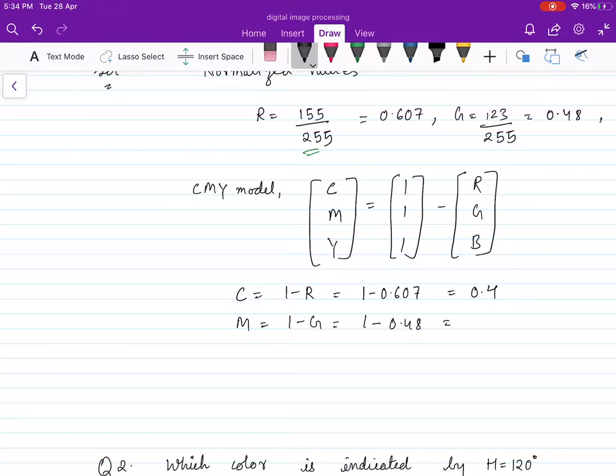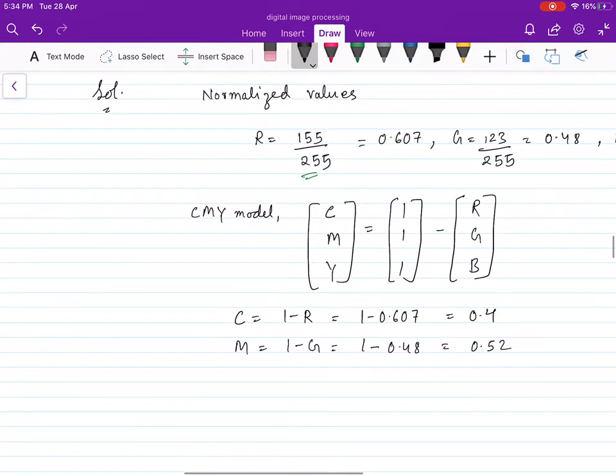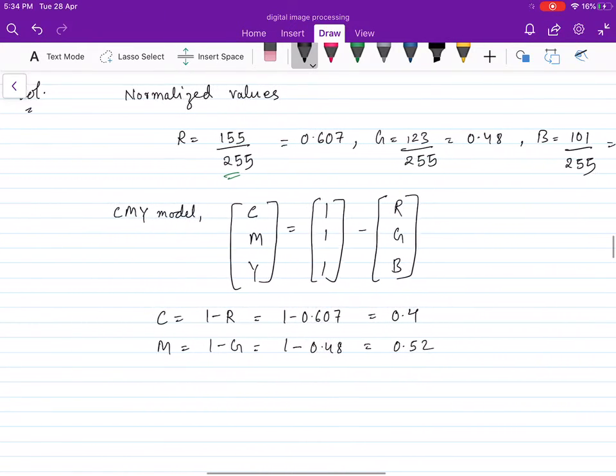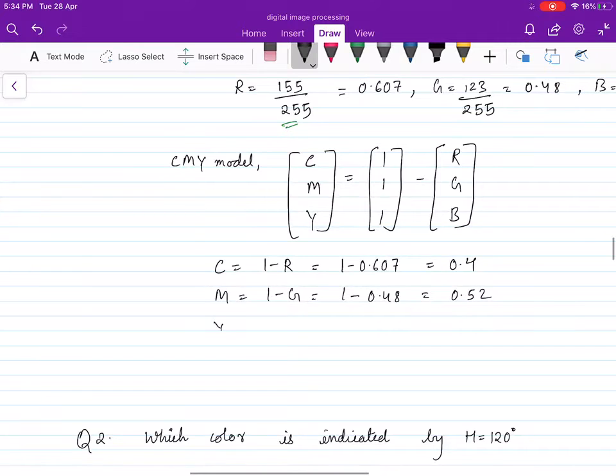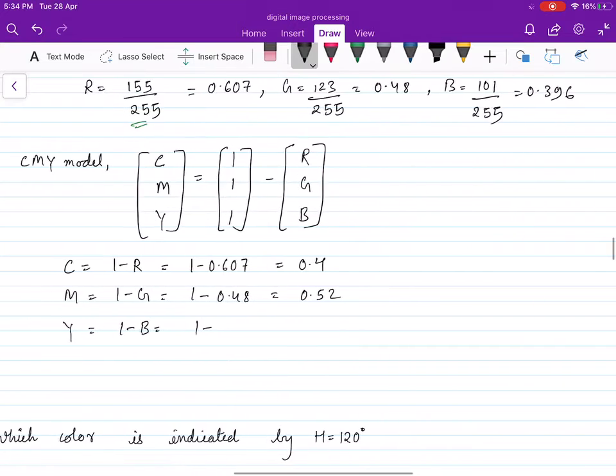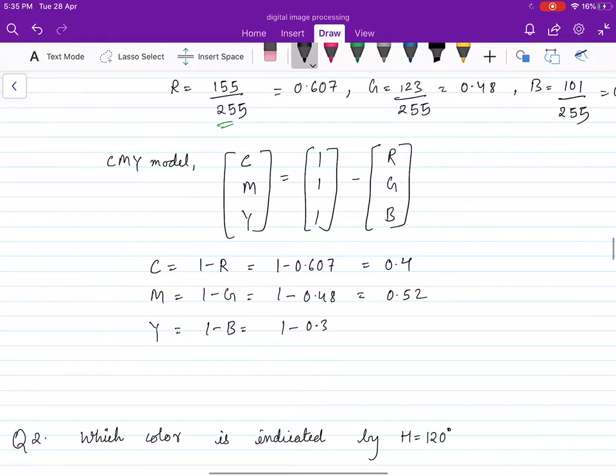So 1 minus 0.48 is something like 0.52, and for blue, Y is given by 1 minus blue, which is 1 minus 0.396. So 1 minus 0.396 is 0.604.